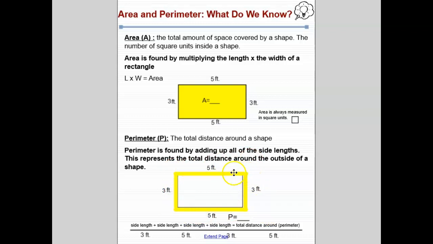Think of the yellow highlighted outside as a string. Think of wrapping a string around the outside edges of this rectangle. When you unwrap the string, the total length of the string is the perimeter of the entire shape. It's the total distance around the shape. Fantastic.